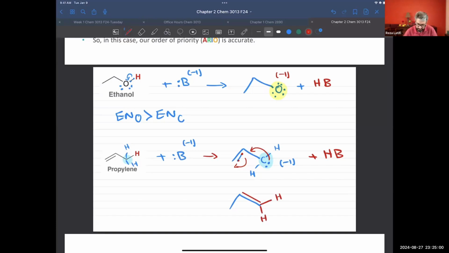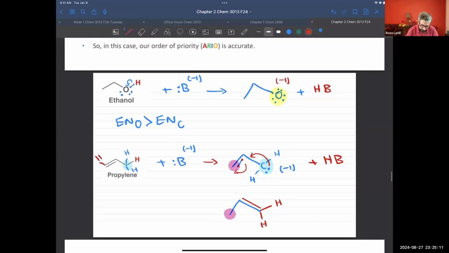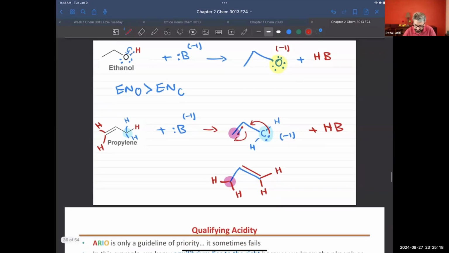Now, how about this carbon, the one I'm going to highlight? That carbon had 2 hydrogen atoms, so we're going to show those 2 hydrogen atoms, but the carbon accepted a lone pair, and now this carbon will be -1. So I got 2 resonance structures.